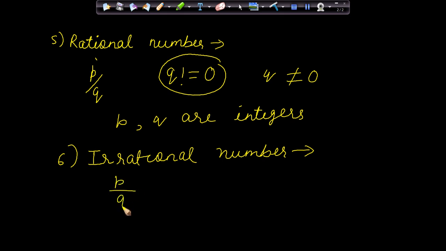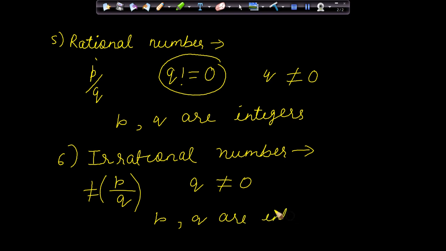Anything which cannot be represented in the form of P by Q, where P and Q are both integers and Q not equal to 0. So it cannot be represented in this form. That is an irrational number.